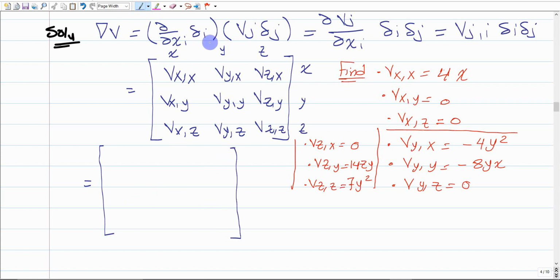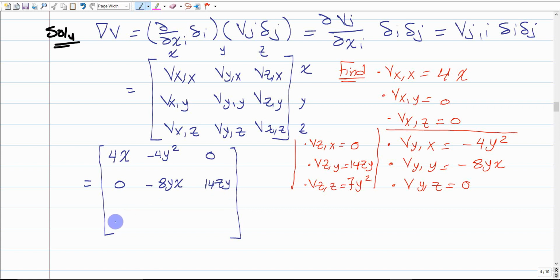So the first term, which is vx comma x, should be 4x, vy comma x should be -4y squared, vz comma x should be 0. Then how about the vx comma y? The vx comma y should be 0. The vy comma y is -8yx. And the vz comma y is 14zy.